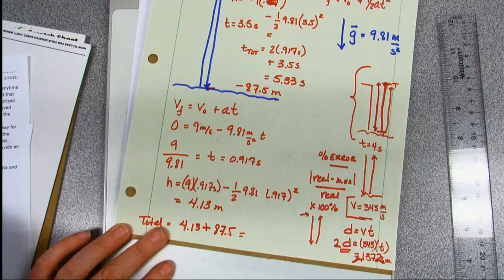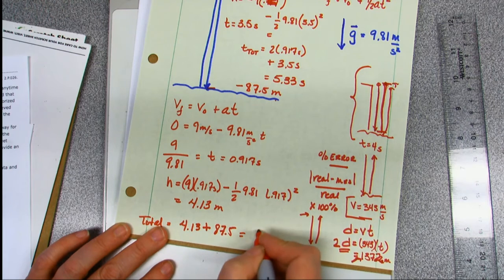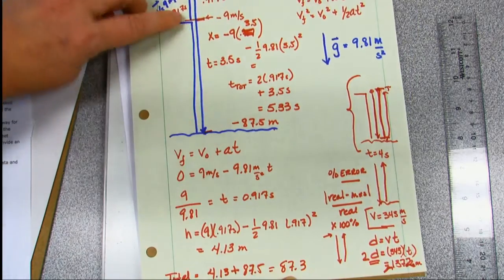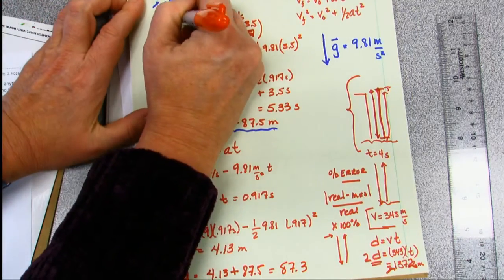Oops, went the wrong way. That gives me 87.3, and that's the magnitude. This negative says it's below this spot, if that spot's 0.